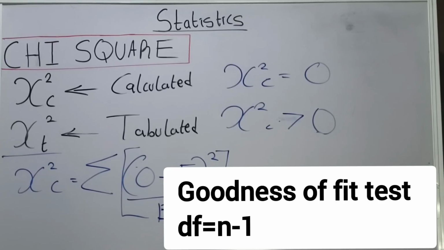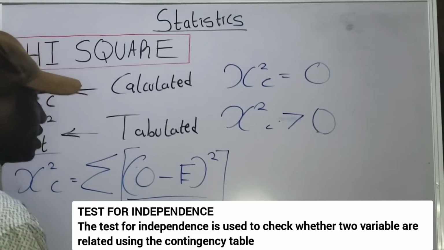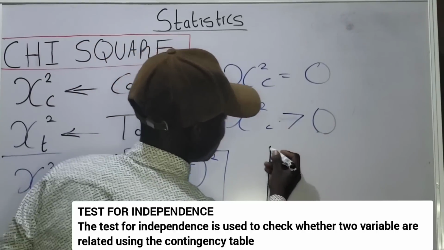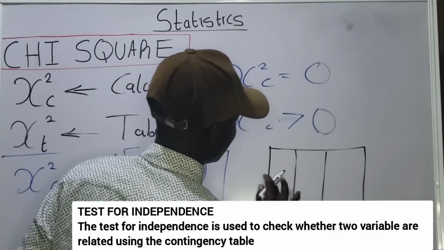Now, the test for independence is used to check if two variables are related using a contingency table. I'm very sure you will have come across a table like this on a chi-square.